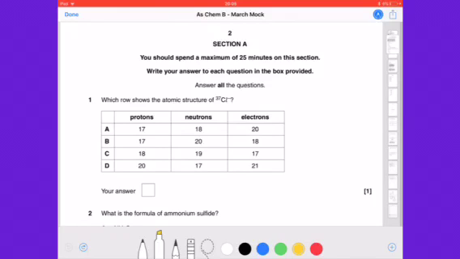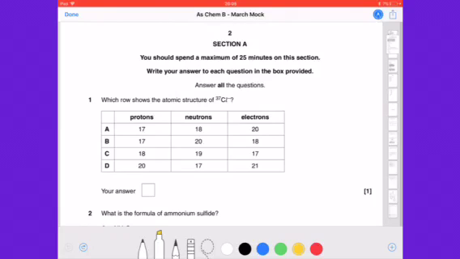Just to begin with the multiple choice questions, the first question here assesses your knowledge of atomic structure. You have been given the structure Cl- with a mass of 37. The first thing is you should look for chlorine on the periodic table and identify its atomic number. Now, atomic number refers to the number of protons in the atom.